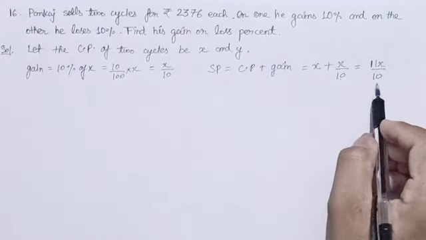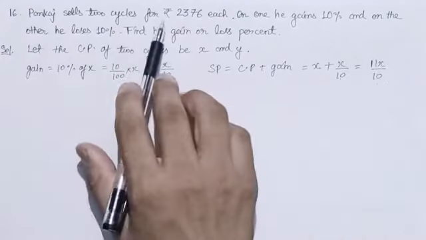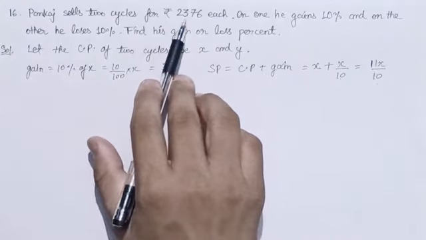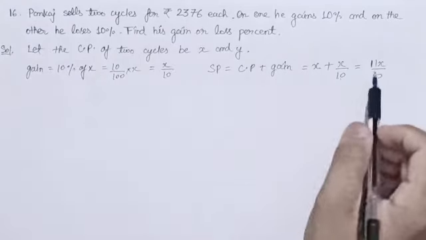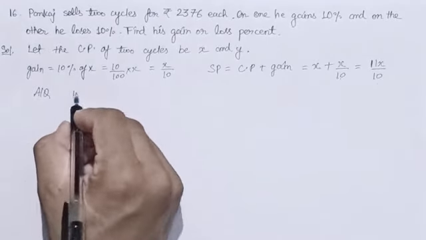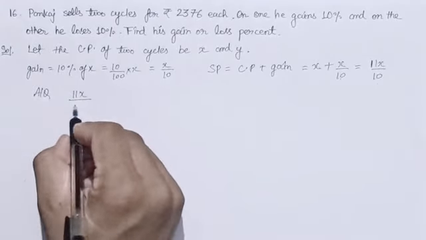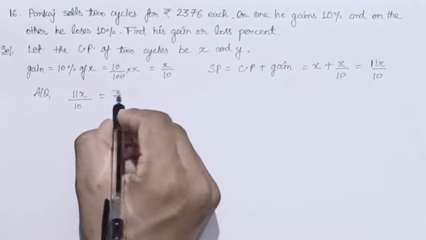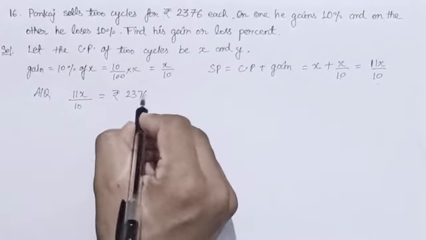But in the question it is given that the selling price is rupees 2376. So we can write, according to the question, 11X by 10 is equal to rupees 2376.